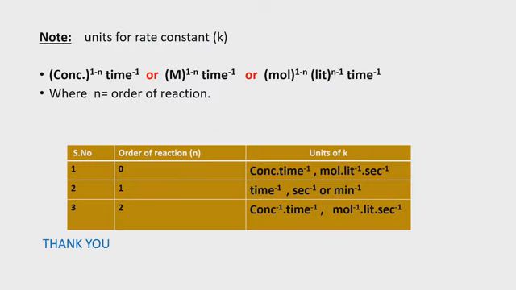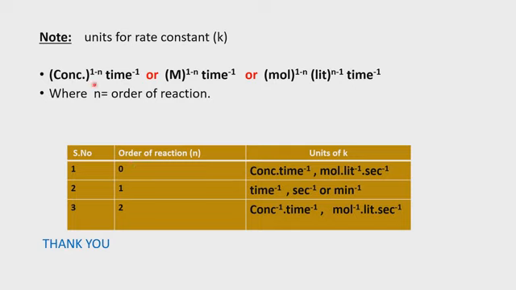Note the units for the rate constant, small k. This is the general formula: concentration power 1 minus n, time inverse. Concentration we know is molarity, n by V, represented by capital M. Again capital M is represented as mole per liter, so the unit is mole power 1 minus n, liter power n minus 1, time inverse, where n is the order of the reaction.